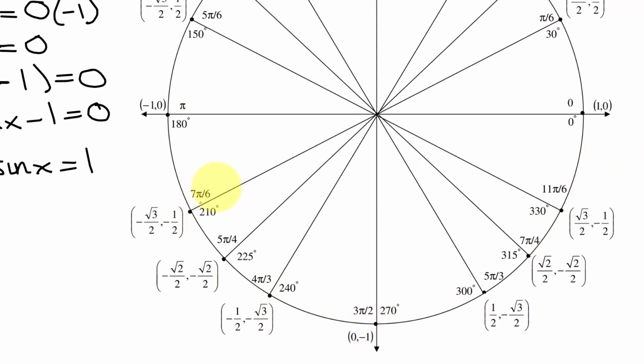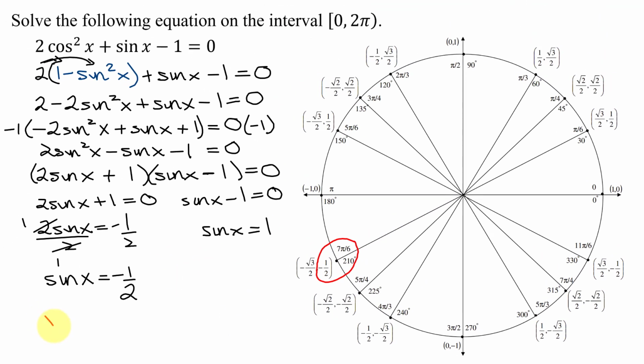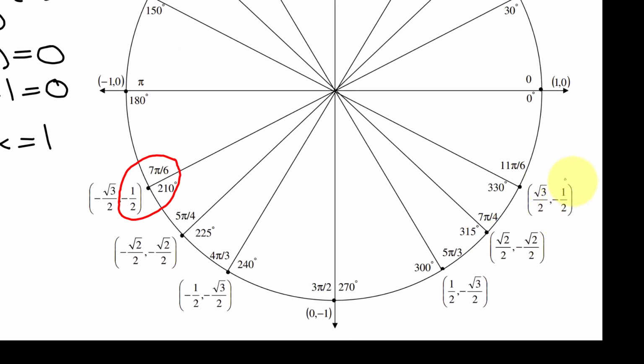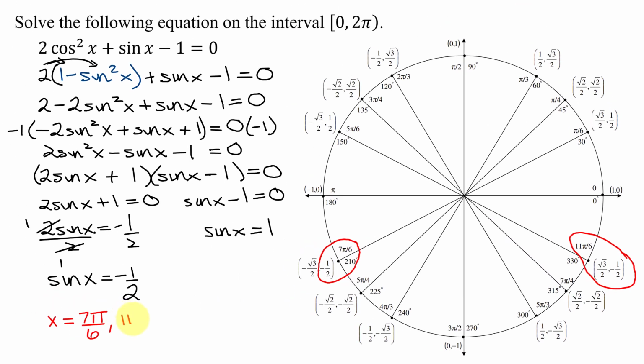And the y-coordinate equals -1/2 right here when x equals 7 pi over 6, and also over here when x is equal to 11 pi over 6. So those are two of the solutions to this equation.